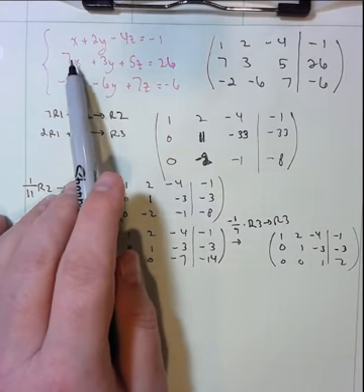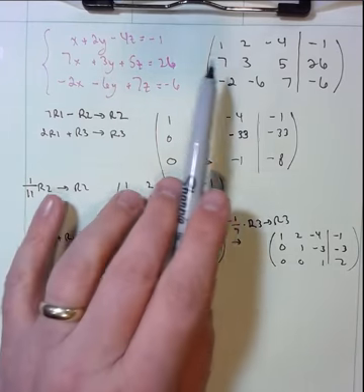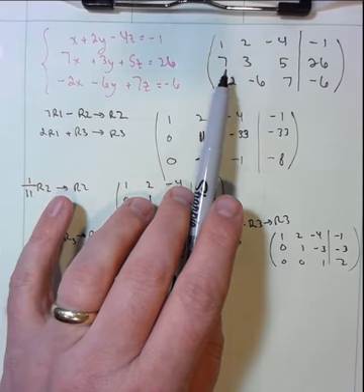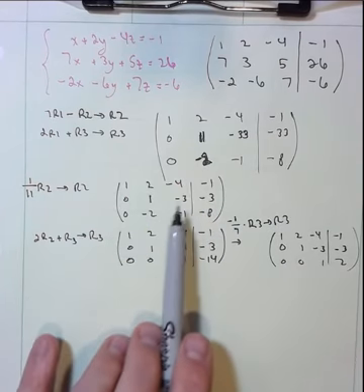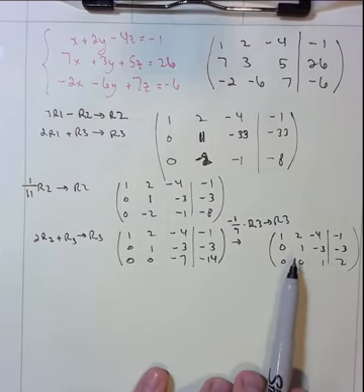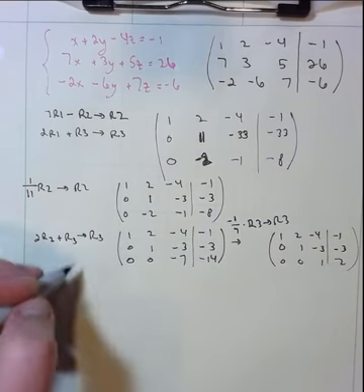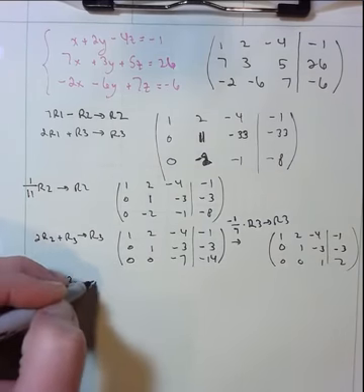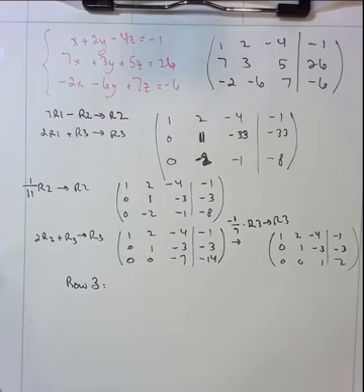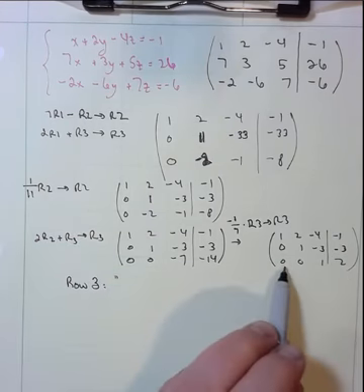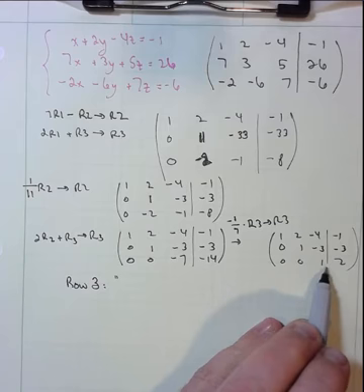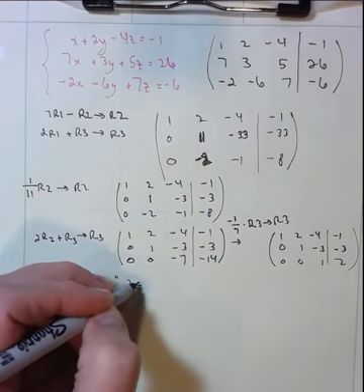When we first started, we have the full system with all its coefficients put in its matrix form. We've now eliminated a bunch of stuff and turned it into zeros, but we can still take this version and turn it back into equations. For example, row 3 now tells us that 0x plus 0y plus 1z equals 2, or in other words, z equals 2.